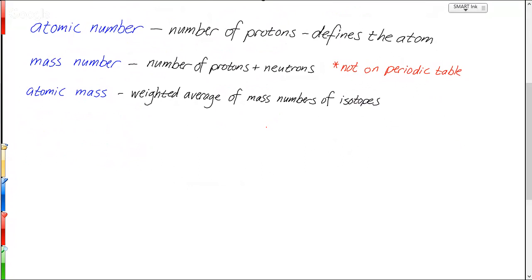What about the electrons? How do we know how many electrons are in a given atom? Ideas? No guesses?